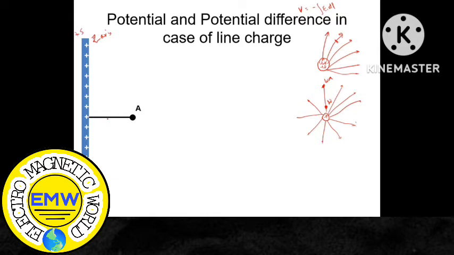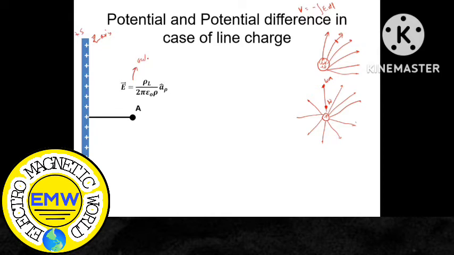The electrical field can be calculated as rho L divided by 2 pi epsilon naught rho, in the direction of a rho cap, because the point is moving in the direction of the rho vector. This is the formula that we calculated in the Coulomb's law application.